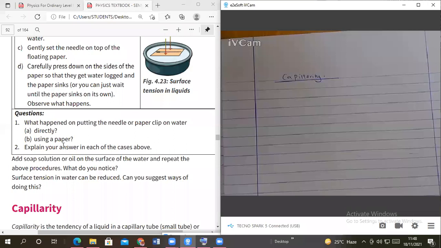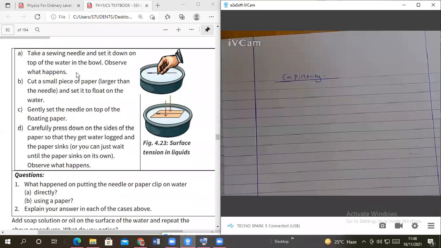Now, did you try out the experiment about surface tension? Ruth, did you try out the experiment about surface tension? Members, I want to hear you. I don't want to see anyone who's muted.